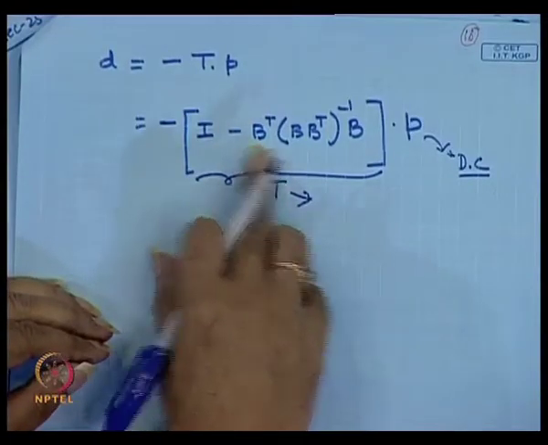In other words, if you go back to the original optimization problem, that function value will also decrease from its initial value. So, now we can compute this quantity by using the numerical figures of B and P.